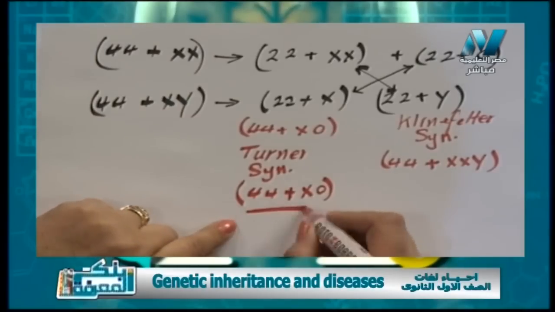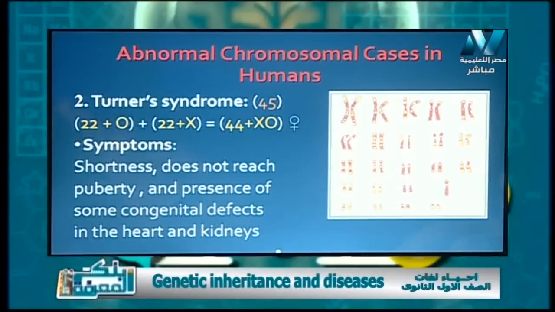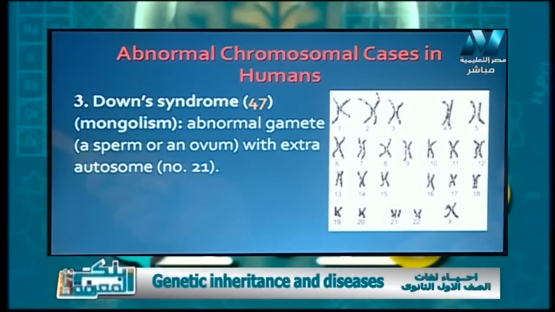So these are the abnormal cases resulting from the adhering of sex chromosomes, and sometimes the sex chromosomes increase in number in the case of Klinefelter, or decrease in number in the case of Turner syndrome. But what happens if the autosomes adhere to each other and do not separate? Actually, we have a case called Down syndrome, and Down syndrome contains 47 chromosomes in each cell.